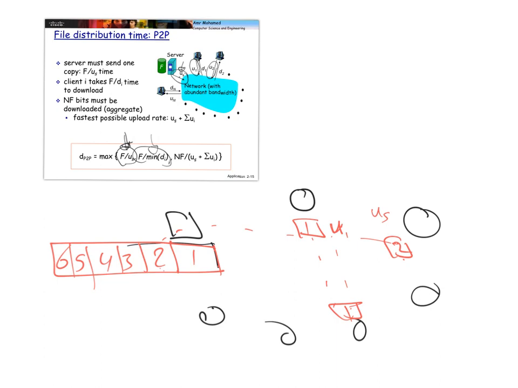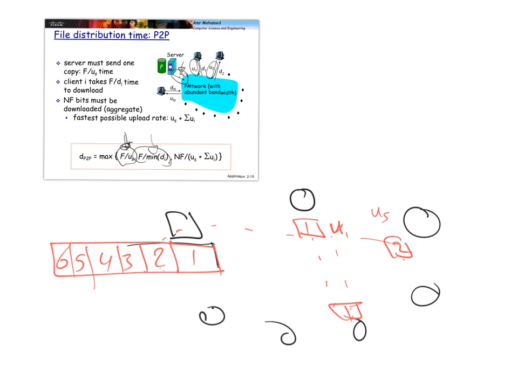After you do this multiple times, you get to a state where you can send n concurrent transmissions with a rate of US plus U1 plus U2 plus U3 all the way to UN. So it's as if you are sending all the information, which is n times F. At the end, you want to distribute how many chunks? N times F, remember.